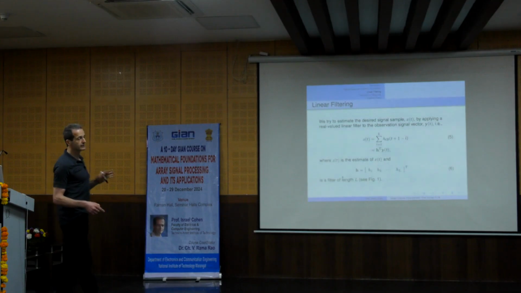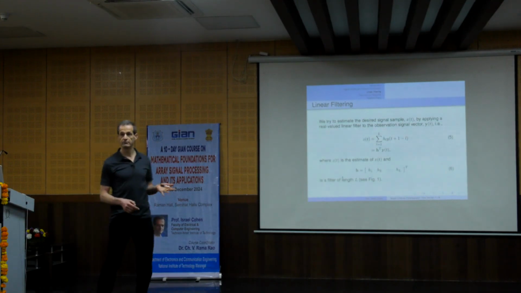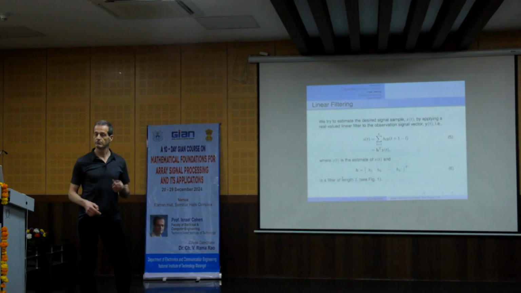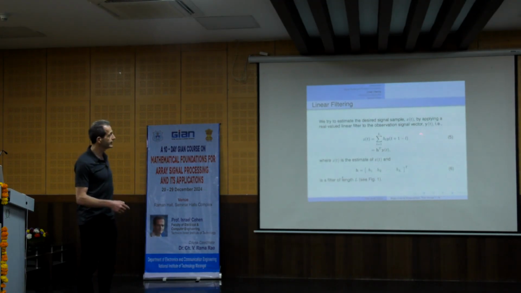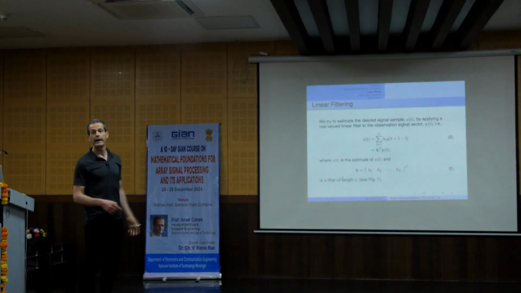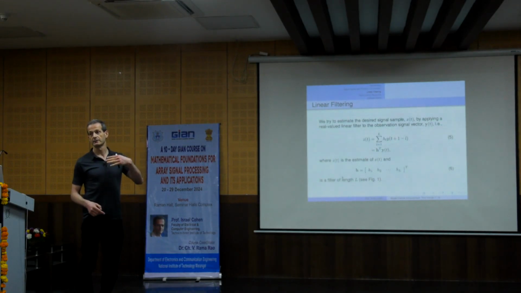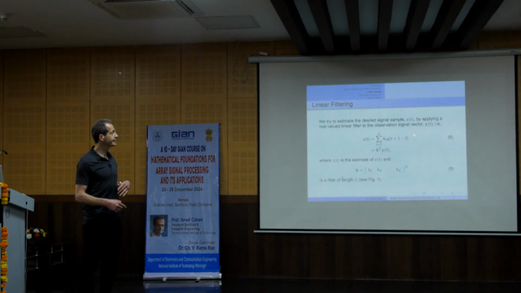So this is called linear filtering for estimation. By the way, here we use only the current and past samples of y, so in total we use L samples of the measurement.